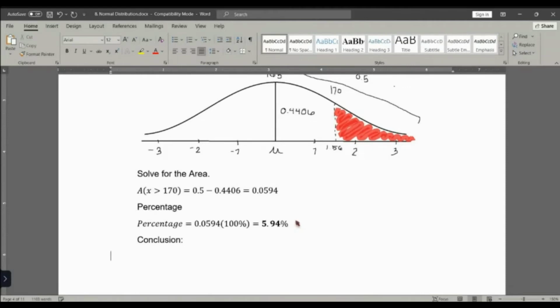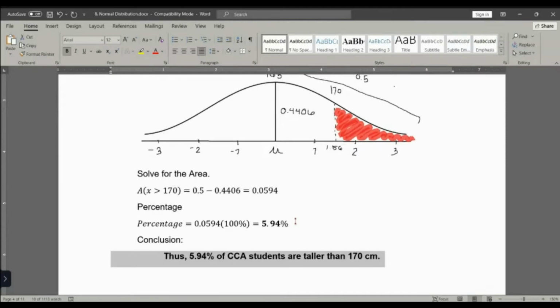Thus 5.94% of CCA students are taller than 170 centimeters. No matter how you present your conclusion, for as long as we have the same idea, the same percentage, and the same side na hinahanap, taller than 170 centimeters, okay lang yan.